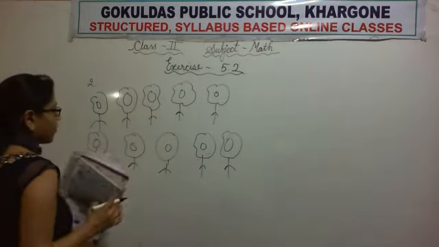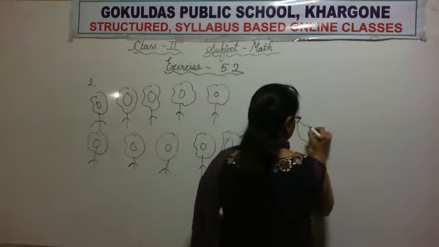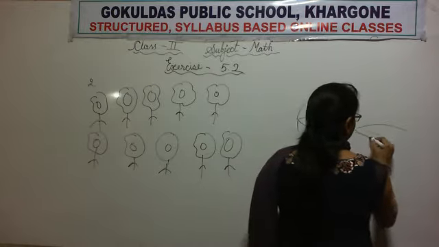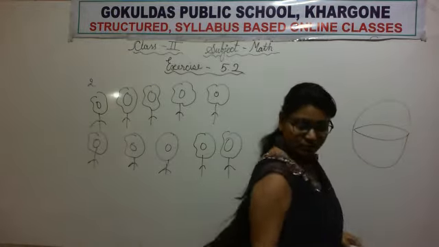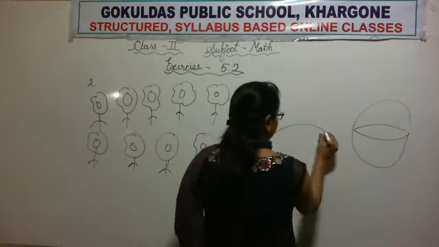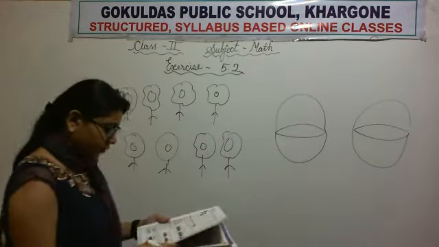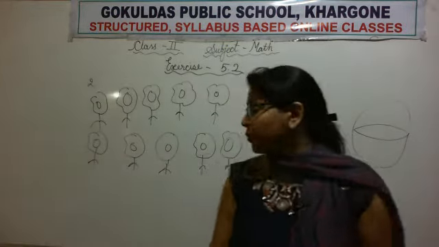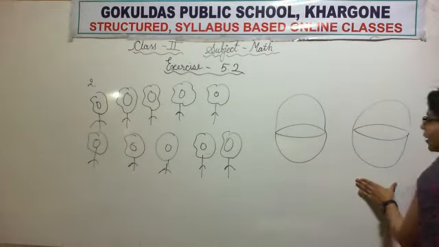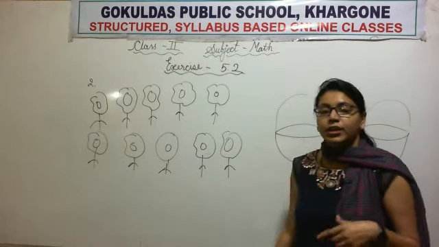So, some number of flowers are given there and 2 baskets are there. Now again we need to distribute these flowers in groups of 2 because there are 2 baskets.